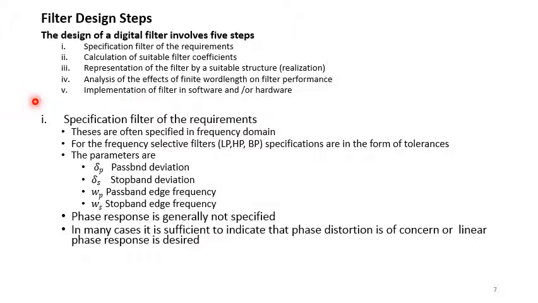These specifications are normally specified in the frequency domain. For frequency selective filters such as low pass, high pass, or band pass filters, these specifications are in the form of tolerances. The main parameters are the pass band deviation, stop band deviation, pass band edge frequency, stop band edge frequency, etc. The phase response is generally not specified.